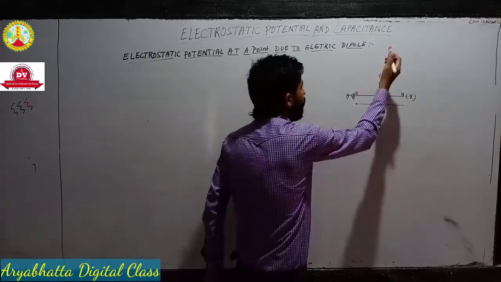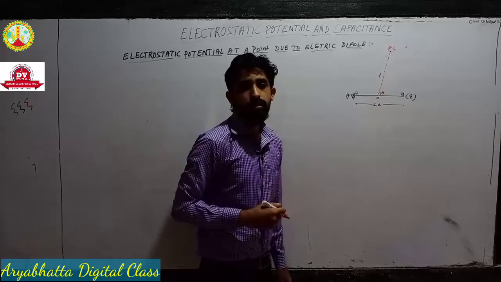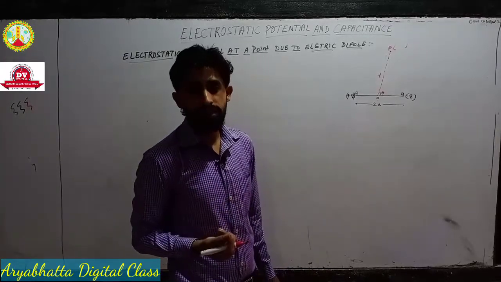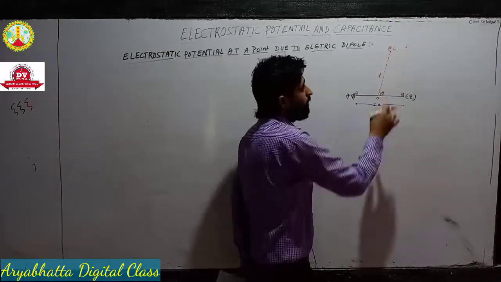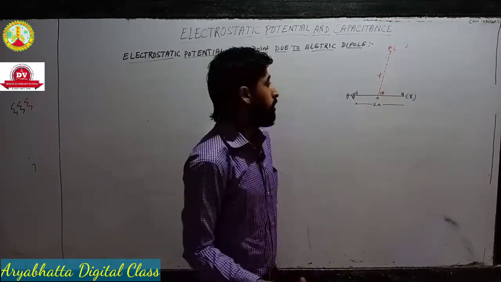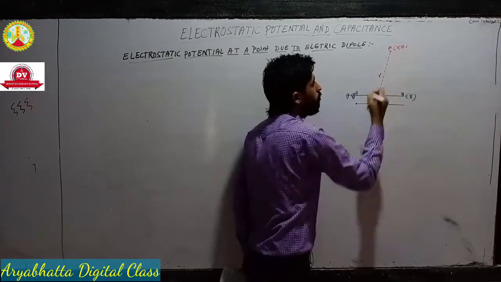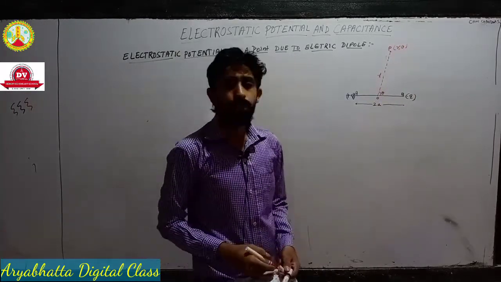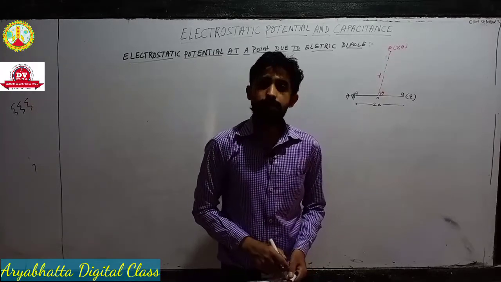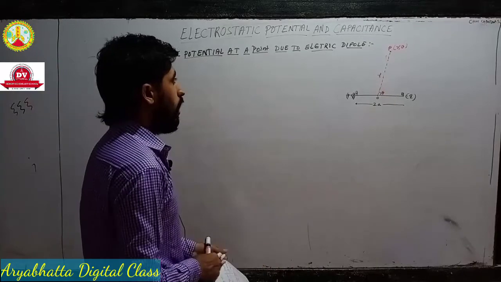What will be the coordinate of point P? In a Cartesian coordinate system you would get some numbers here, but we will take a polar coordinate system. So the coordinate will be r comma theta, and we need to express the electric potential in terms of r and theta. Now let's see how to do it.